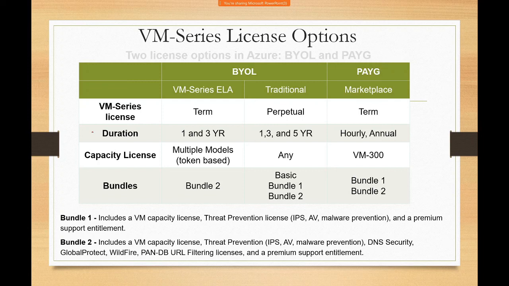They have changed the license design, which is scalable. You can use any features like threat prevention, DNS security, anti-malware, IPS, or whatever. So in this slide, what you have to know as a network engineer is that there are two types of licenses, BYOL and pay as you go.